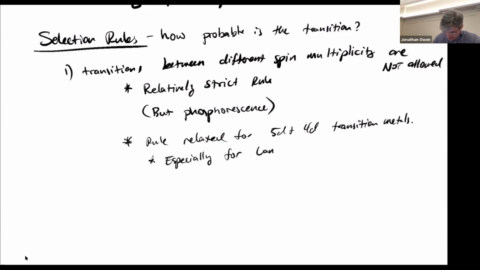Especially for lanthanides. So lanthanides are really brightly luminescent, involving F to F orbital transitions. You have strong spin orbit coupling.